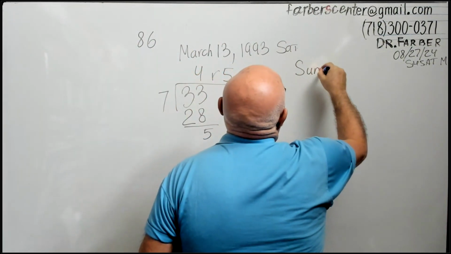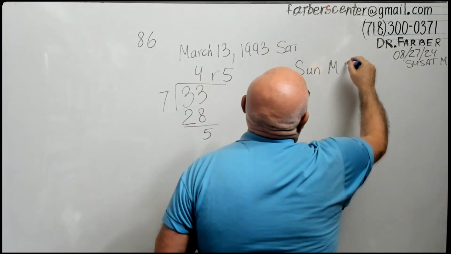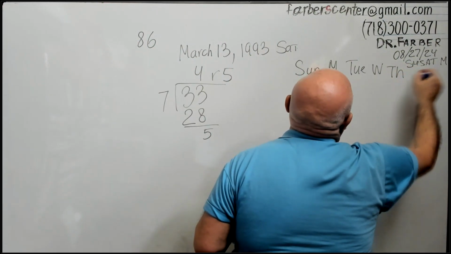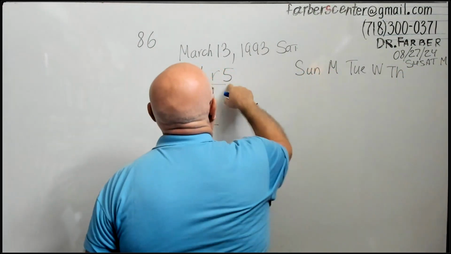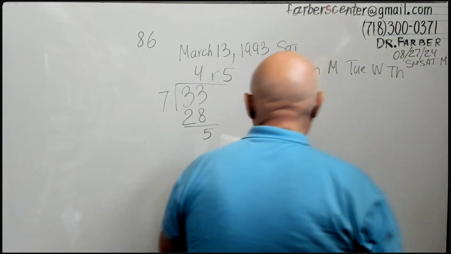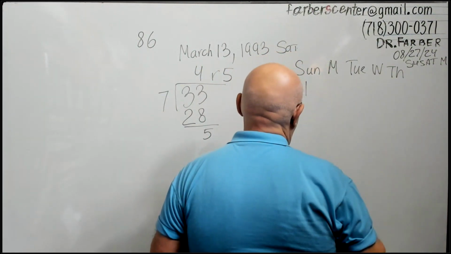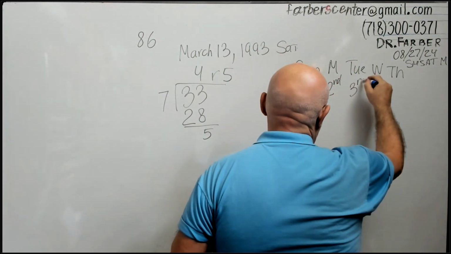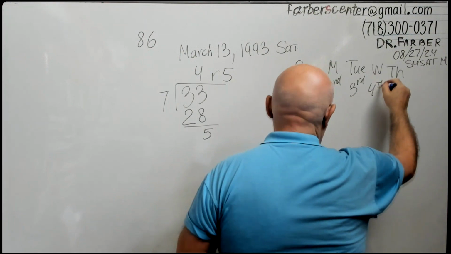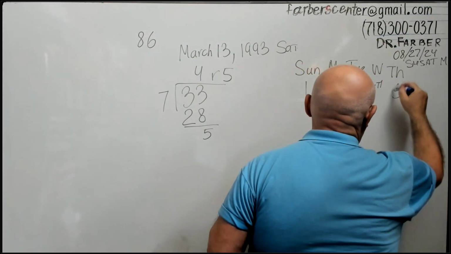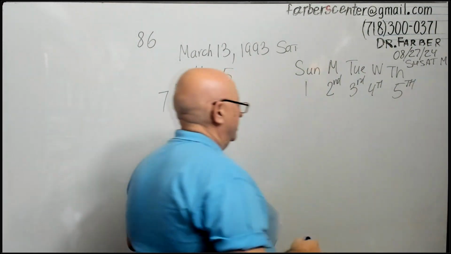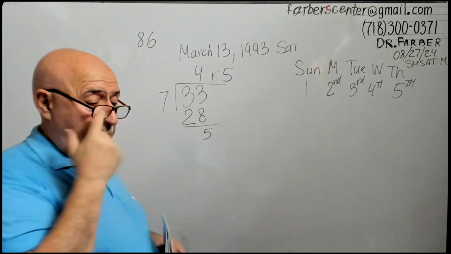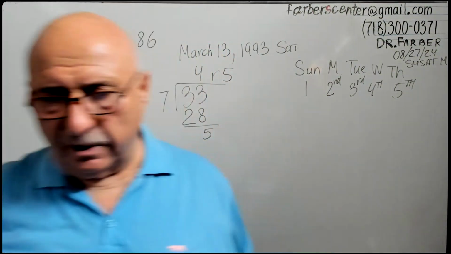Next day, Sunday, Monday, Tuesday, Wednesday, Thursday, etc. So since we have remainder 5, Sunday would be the first day, Monday the second, Tuesday the third, Wednesday the fourth, and Thursday the fifth. Typical cycling formula. The answer would be Thursday. Cycling problem. To understand this, 100%.